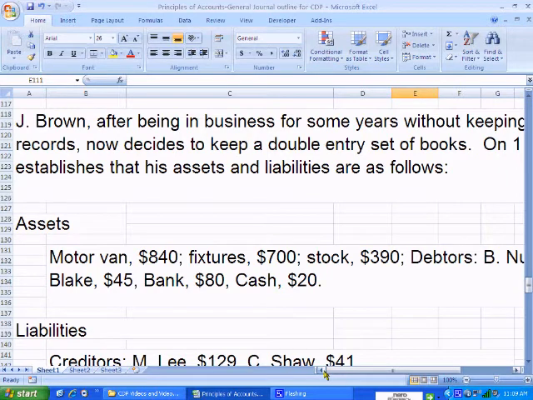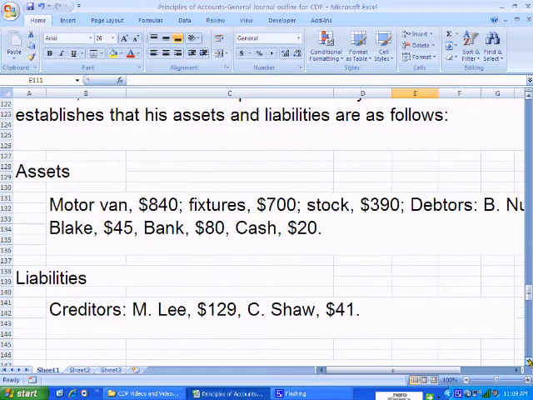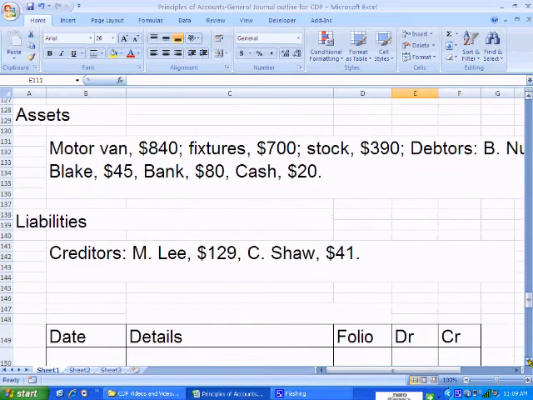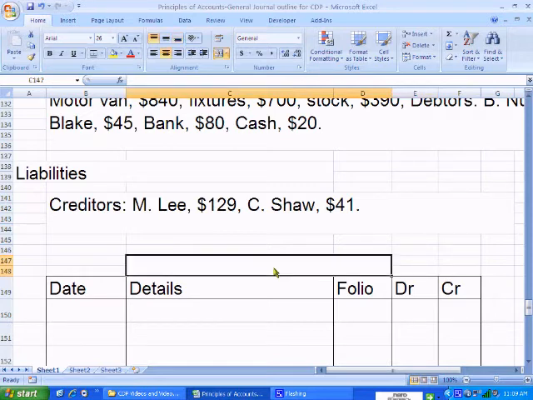We place the ones to be debited first as usual, and the ones to be debited are the assets, and the ones to be credited are the liabilities. To find the capital, it is assets minus liabilities. Let us go. First, we write our title, general journal.